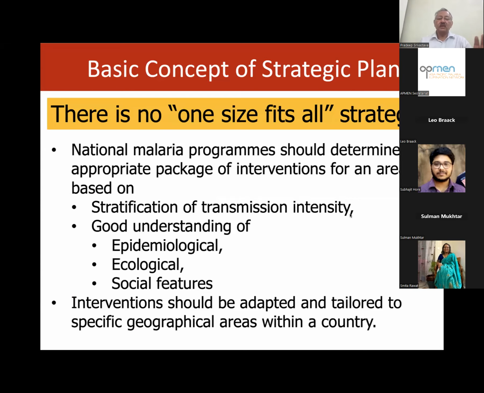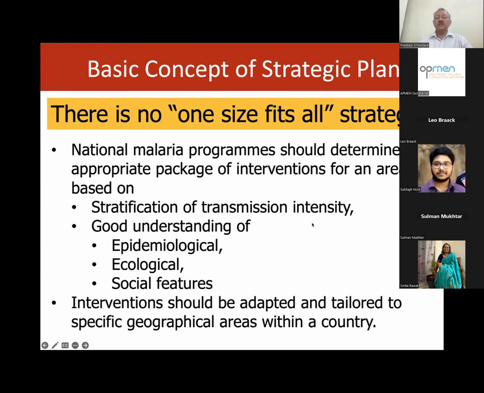We should have epidemiology, ecology, social features, social determinants. Social determinants will take in climate, environment, human behavior, animal population, behavior of the animal and population density; together everything becomes the social determinants and the epidemiological and ecological factors. We should take these. And then definitely we will have the malaria cases, so that it will be transmission intensity.